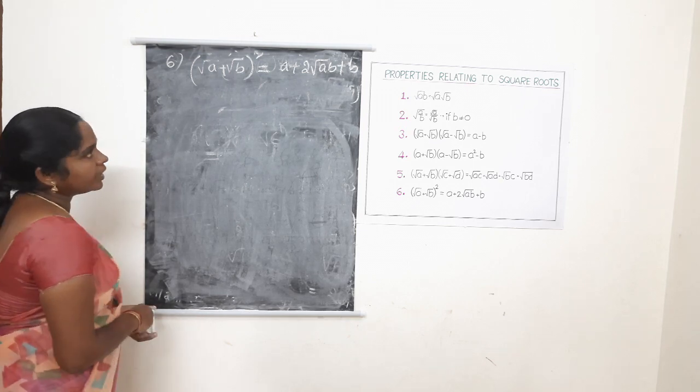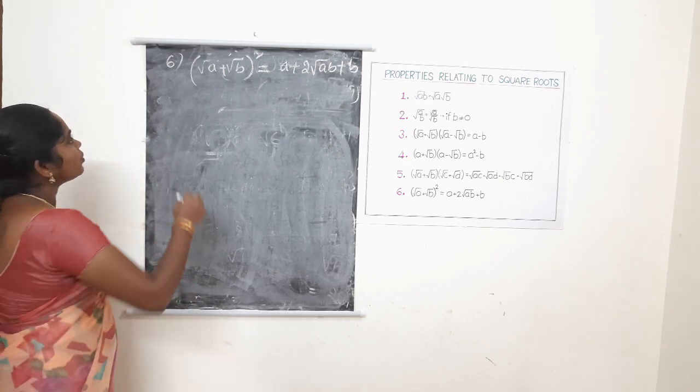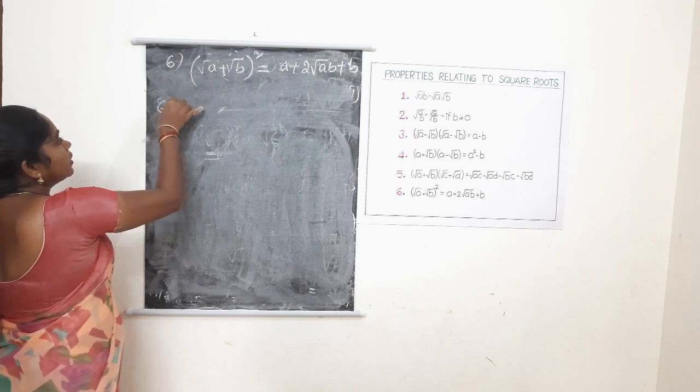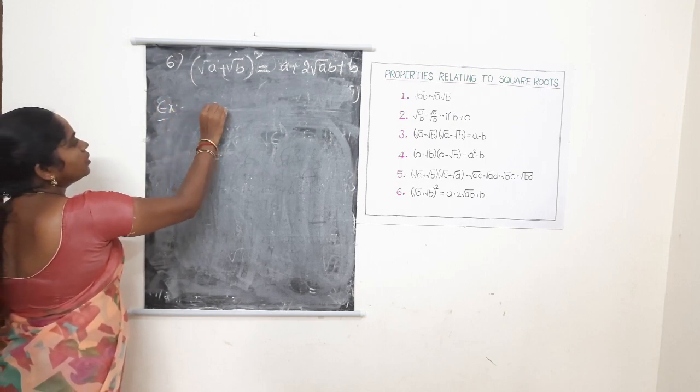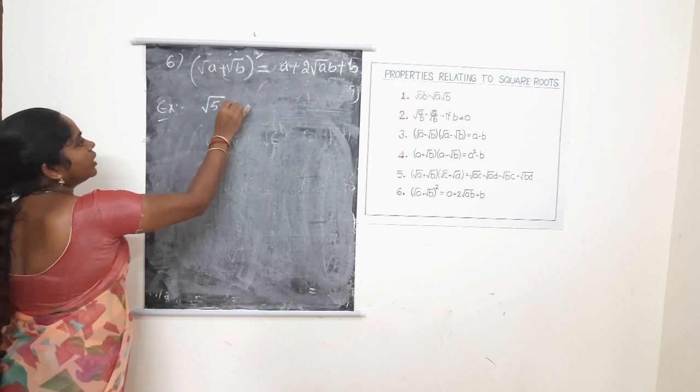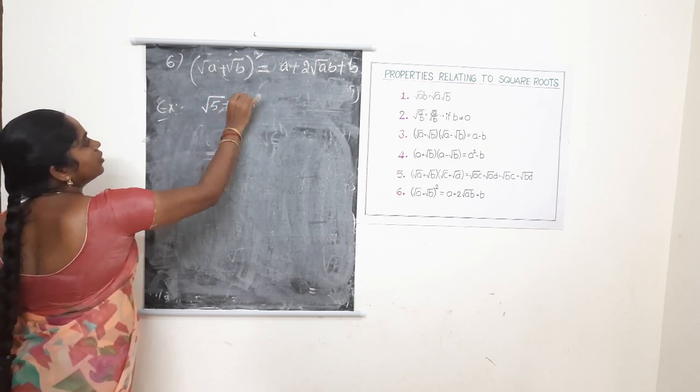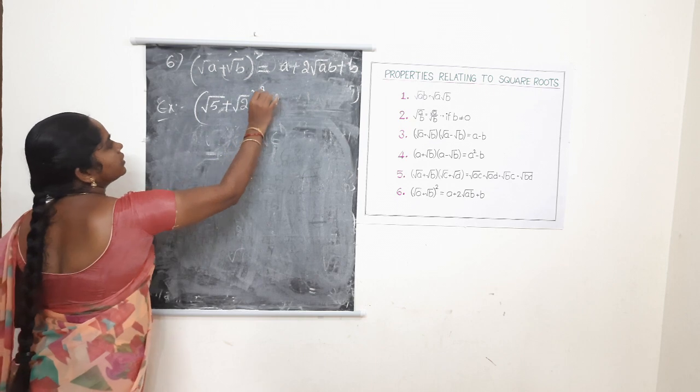So let us see one example of this sixth property. Example: (√5 + √2) whole square.